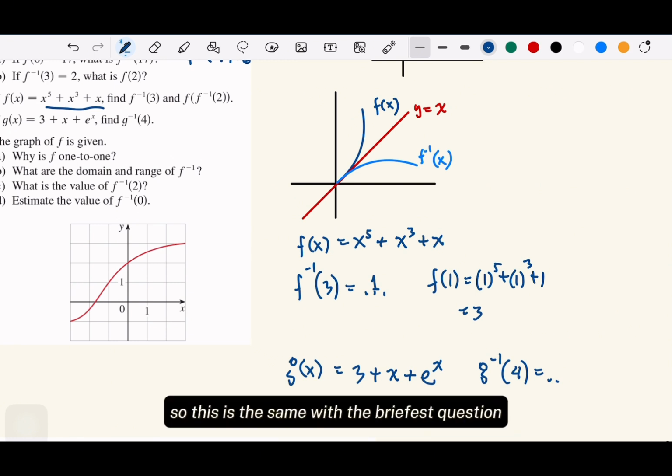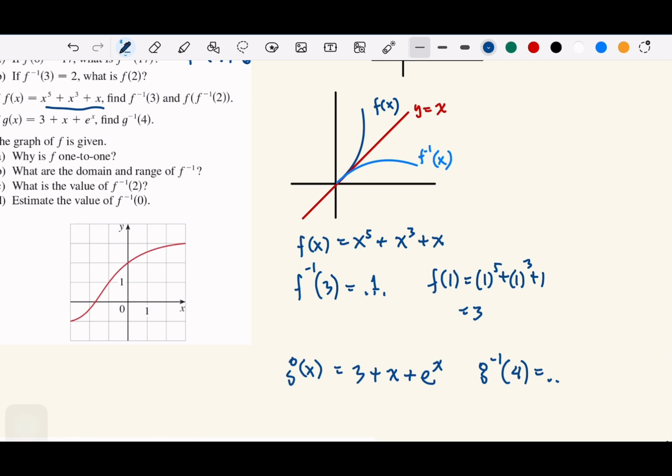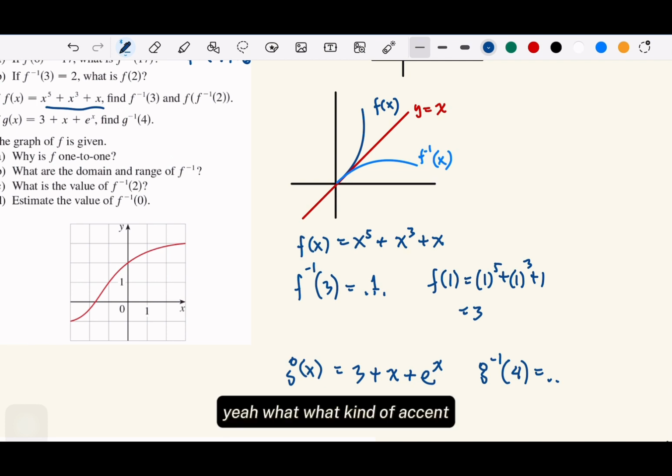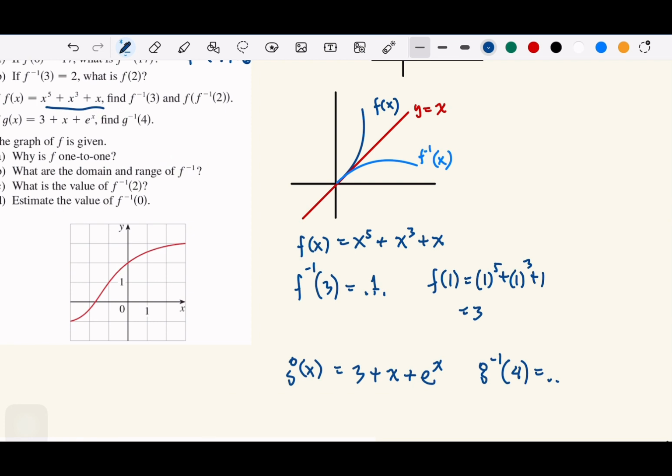So this is the same as the previous question. What x can I put here so that it equals 4? What kind of x, when you put it here, is equal to 4? 0, I think 0 will go there.